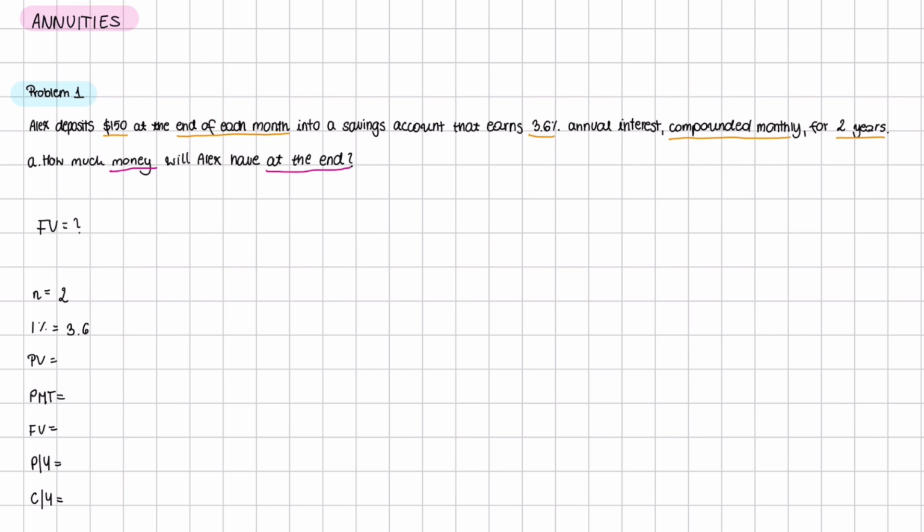He has no starting money, so we will leave it as just 0. Then we have PMT, and PMT are monthly payments, so we write minus 150 because this money leaves his, let's say wallet, so we have to include minus.